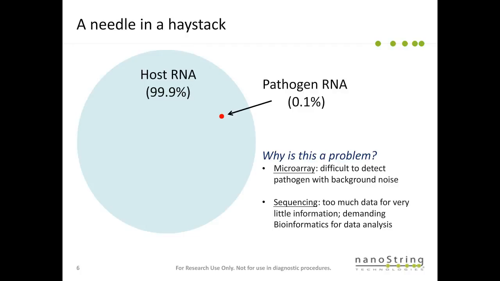Only a tiny portion is from the pathogen. In the case of Candida albicans invasive infection in the kidney specifically, about 99.9% of the RNA you isolate is from the host. Only 0.1% is from the pathogen.